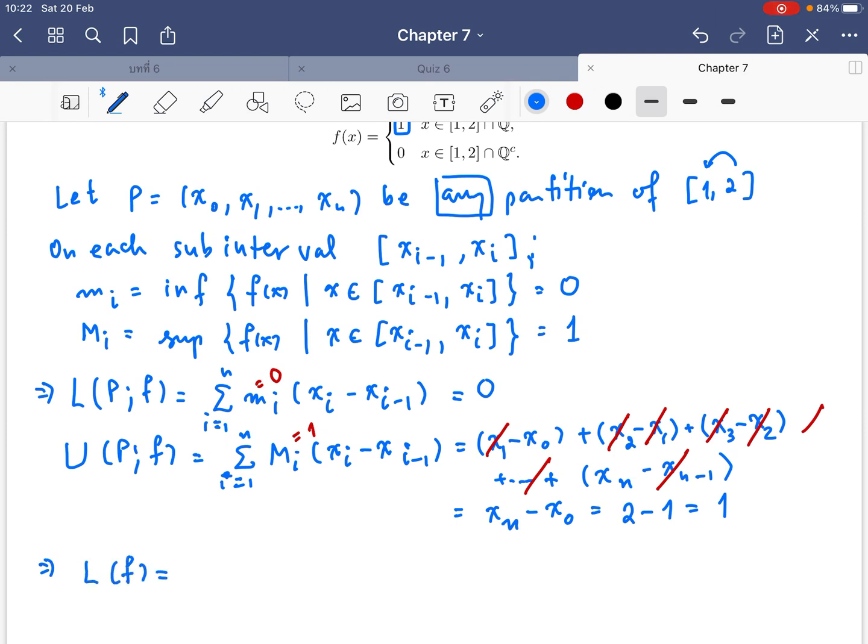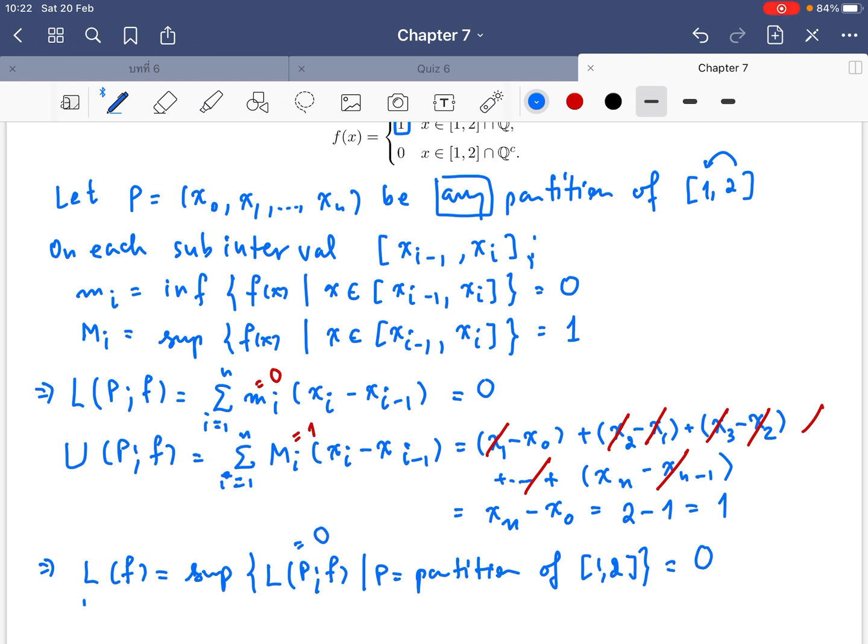It means that the lower integral, which is the supremum of each and every lower sum for any partition, is 0, because for each and any partition this one is always 0.